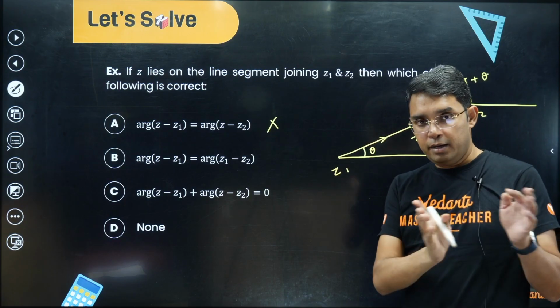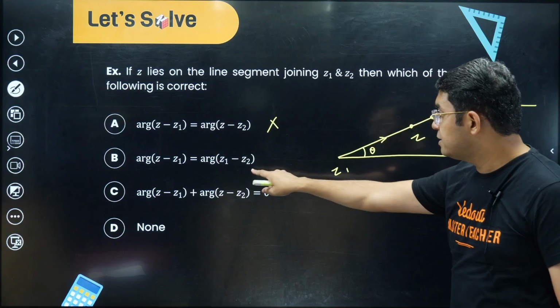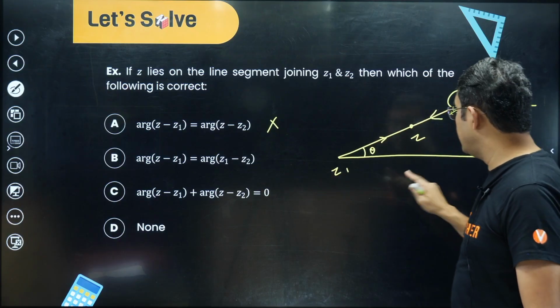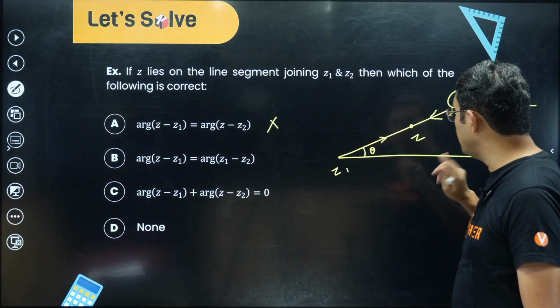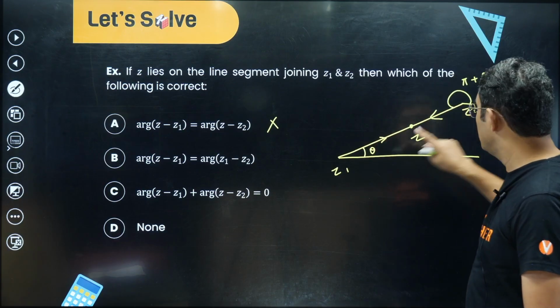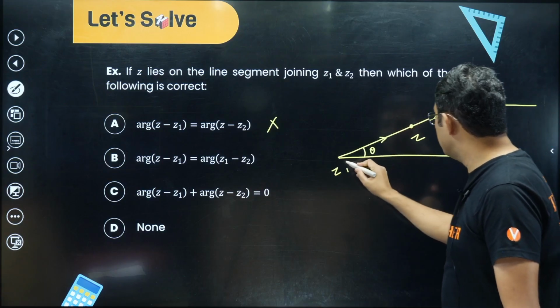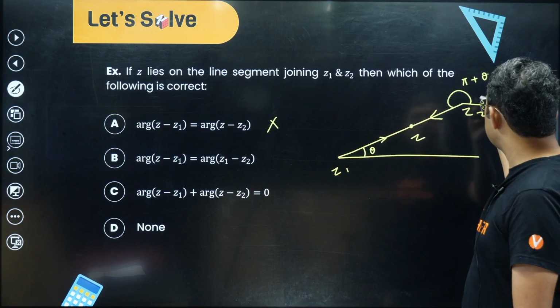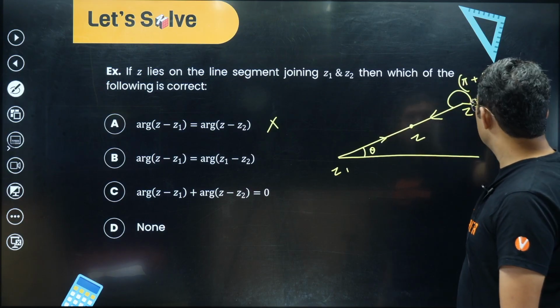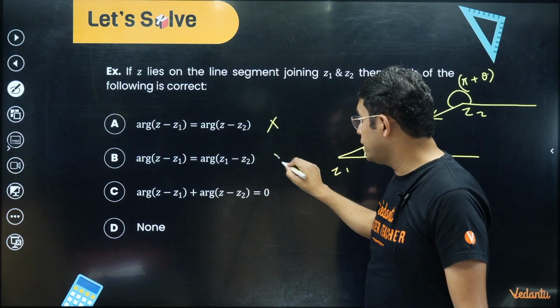You can do it by another property also. Similarly, here Z minus Z1 is the same theta, and Z1 minus Z2 will be, because this time we will be drawing, just one minute, yeah, the same angle actually, so pi plus theta. So here also this is not correct.